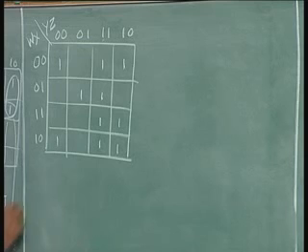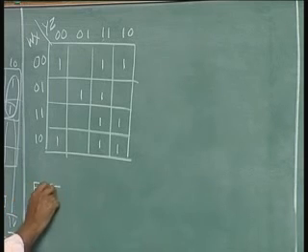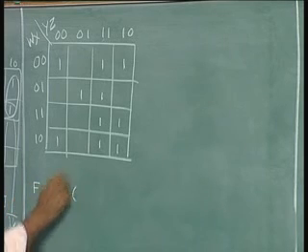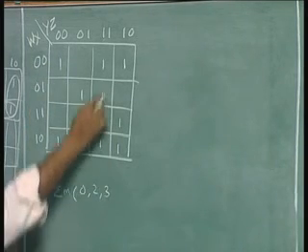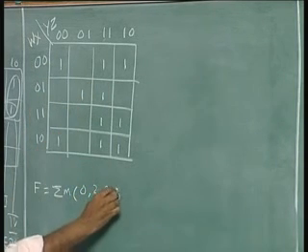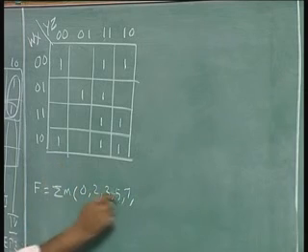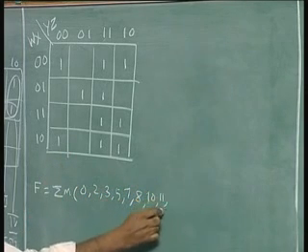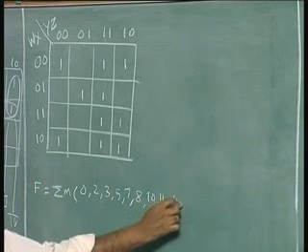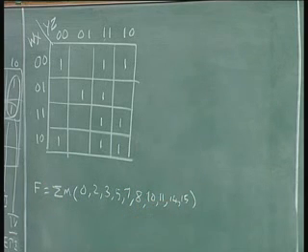So what is the map now? F is sigma m 0, 2, 3, 5, 7, 8, 10, 11, 14, 15. Is that right?